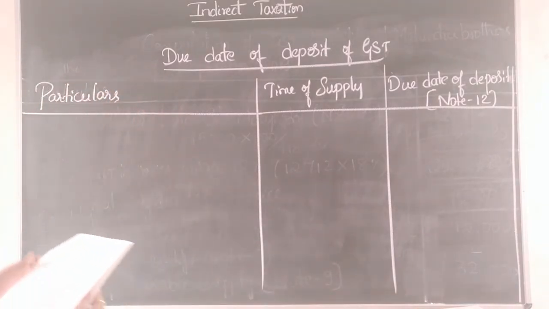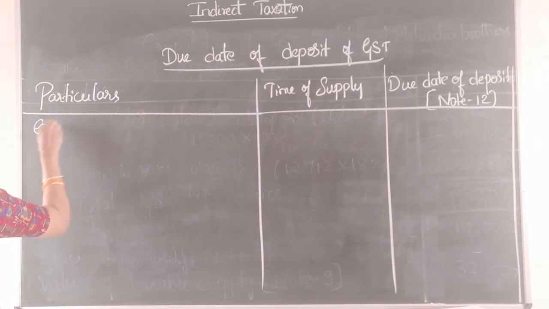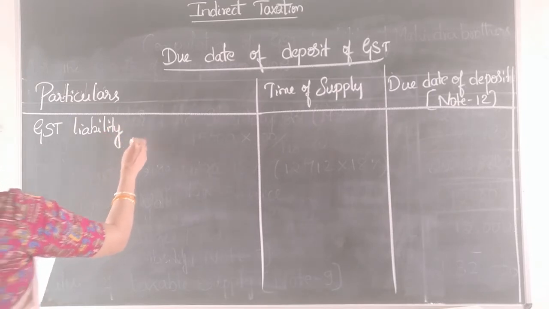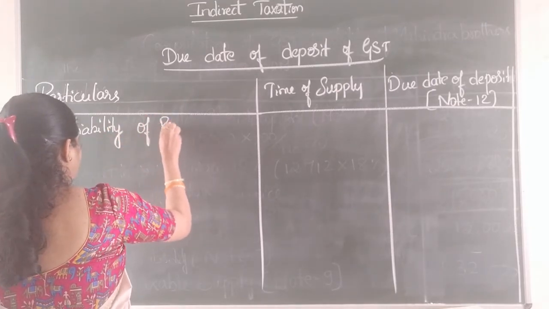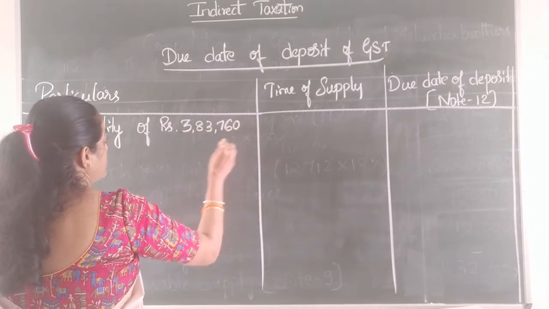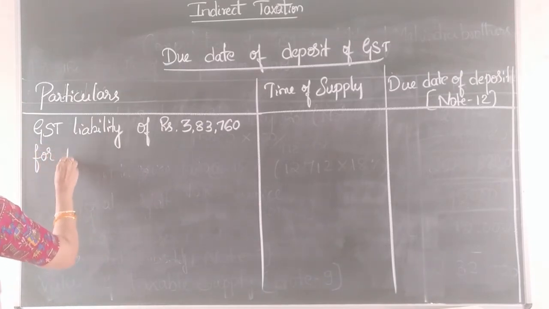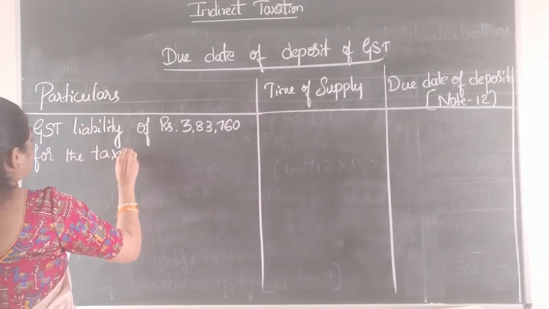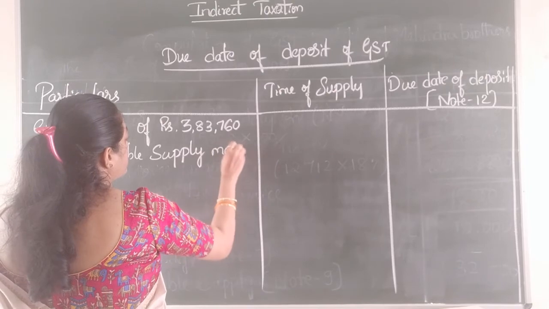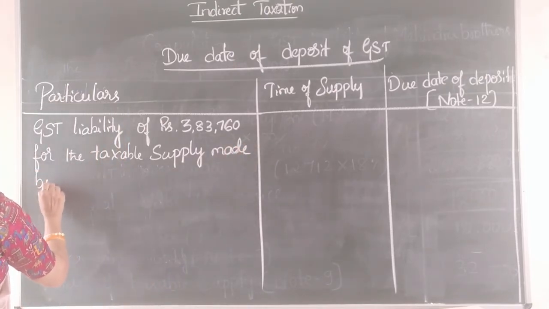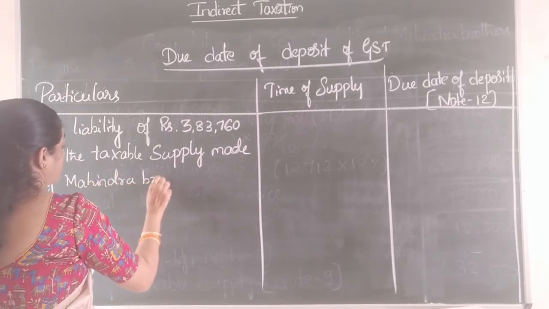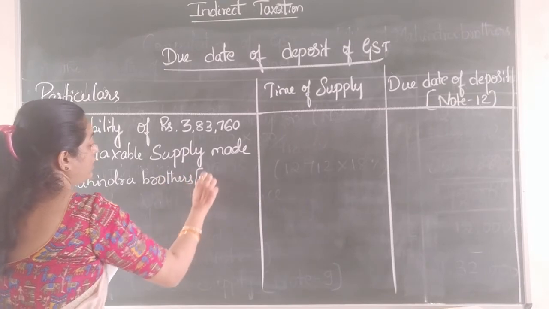So in this case, GST liability of rupees 3,83,760, which is IGST, which we have calculated for the taxable supply made by Mahindra Brothers, according to note 11.